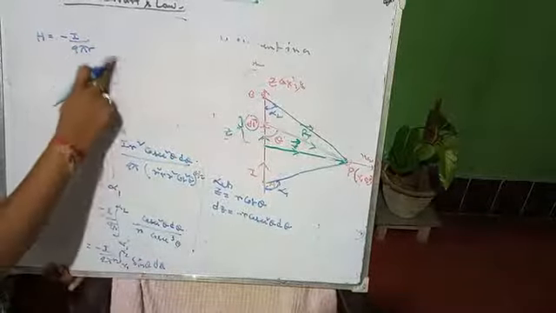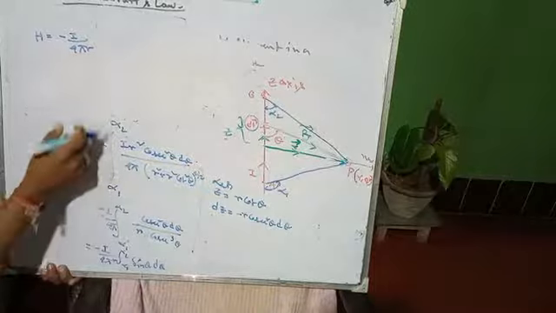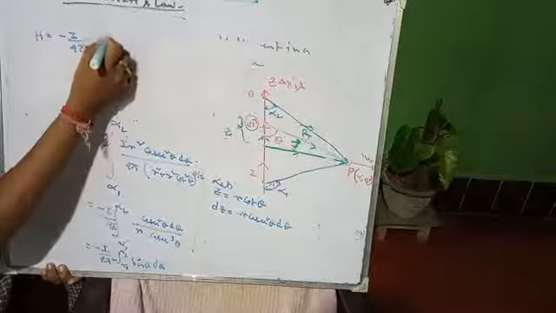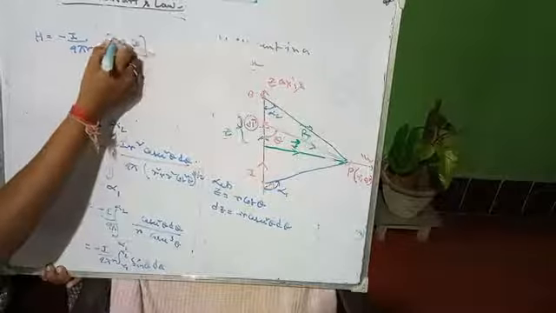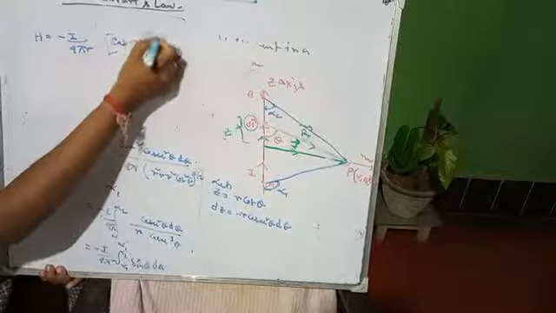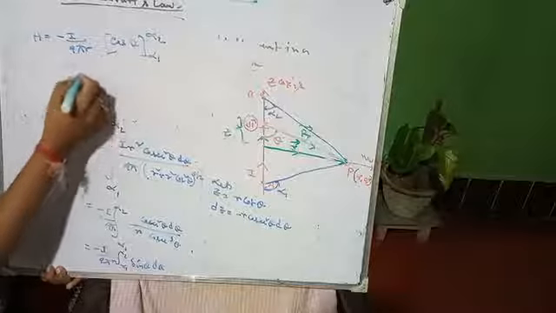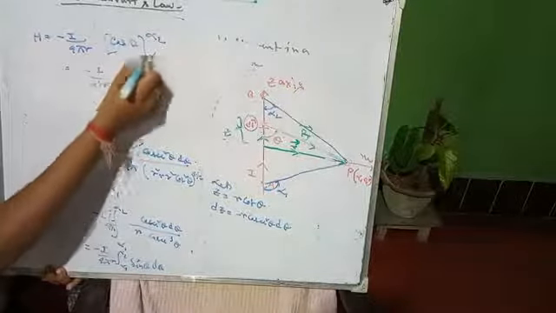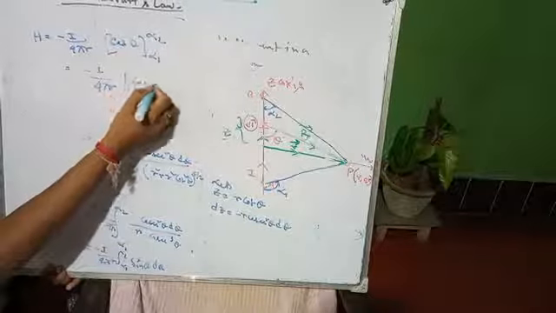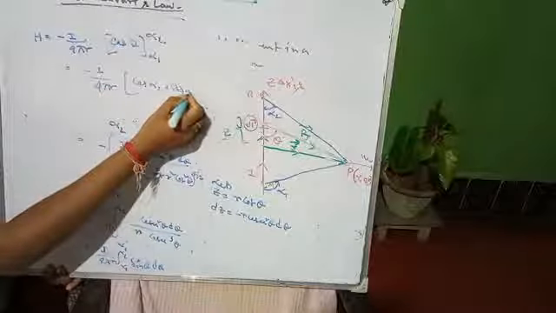So after integrating, sin theta will become cos theta, having alpha 1 to alpha 2. So minus I by 4 pi r, upper limit minus lower limit, so cos alpha 2 minus cos alpha 1.